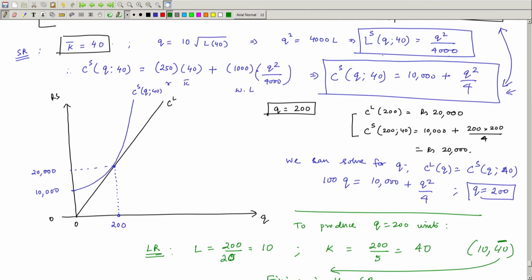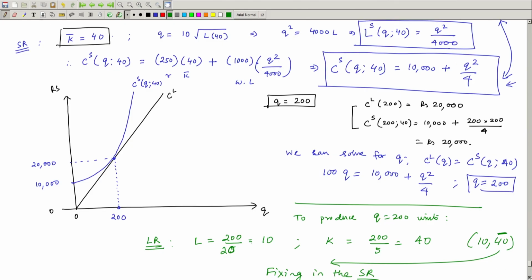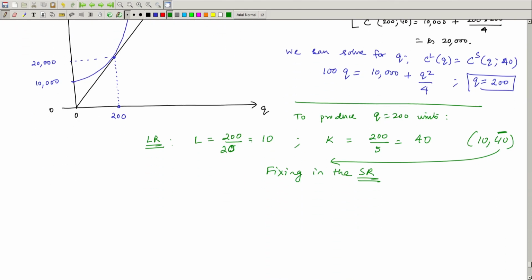I will need Q square upon 4000, because I obtained my labor from the production function. So, in the short run, the amount of labor that I need is Q square upon 4000, and you want me to produce 200 units. So, the amount of labor that I will need is going to be equal to 10, which is exactly what I used in the long run, right.